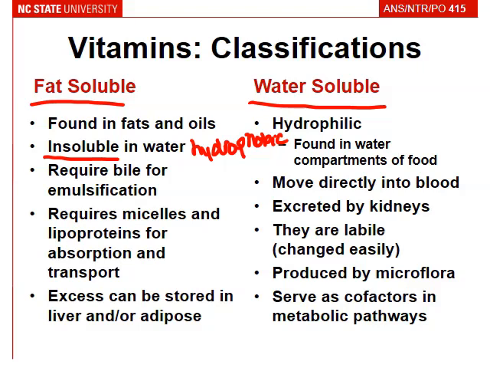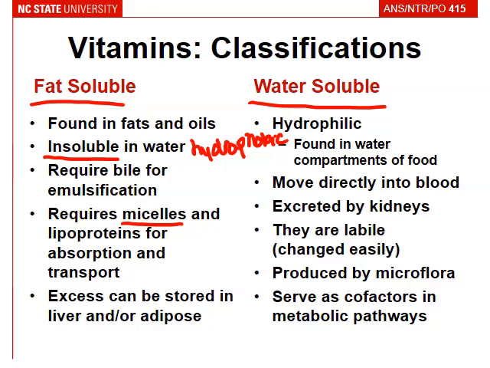They require bile for emulsion. They are absorbed with the lipids, so we require lipid in our diet. They need the formation of a micelle, and to form the micelle, we need our bile to form that emulsion.